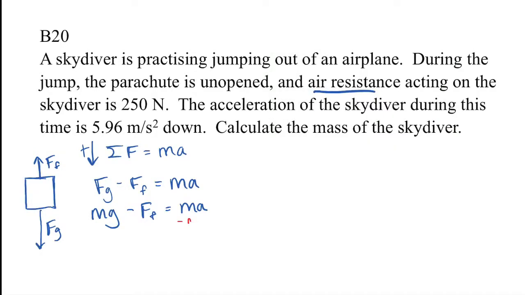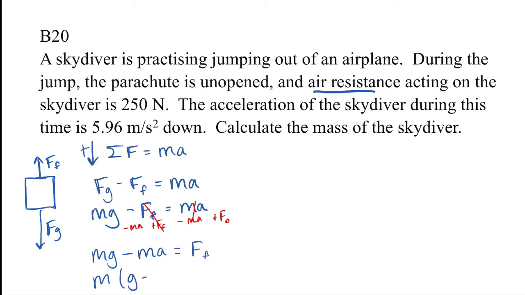So at the same time, I'm going to subtract ma from both sides, and add force of friction to both sides, because now we're math wizards since you're in physics. So what do you get here? You get mg minus ma is equal to the force of friction.